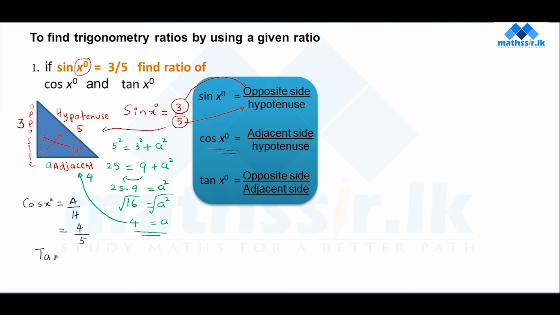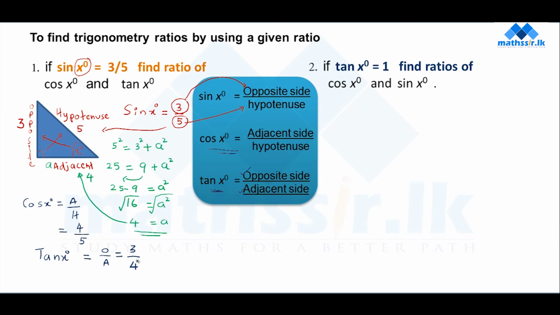Second question, ratio of the tan x. Using definition of the tan, opposite over adjacent. Opposite 3, adjacent 4. Now look at another example.